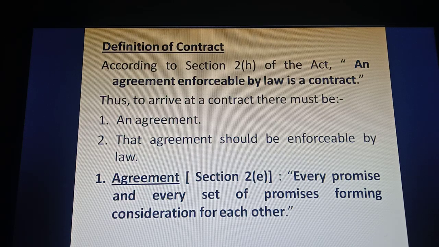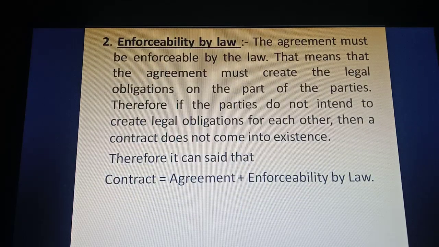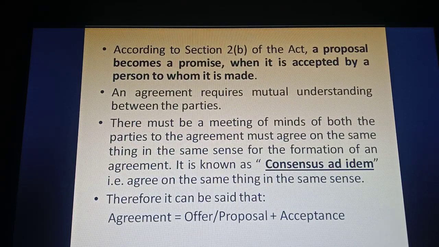And what is the meaning of promise? Promise has been defined in section 2 clause B. According to section 2 clause B of the Act, a proposal becomes a promise when it is accepted by a person to whom it is made.